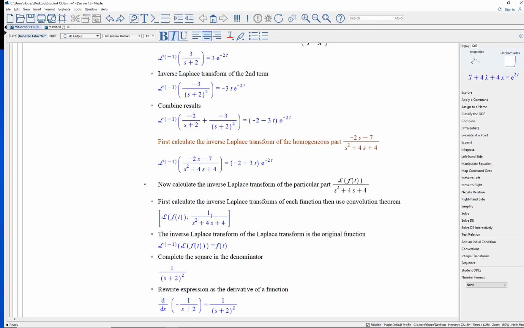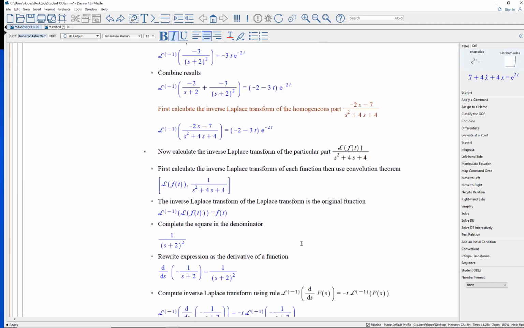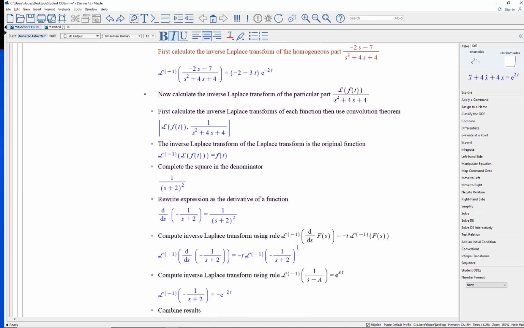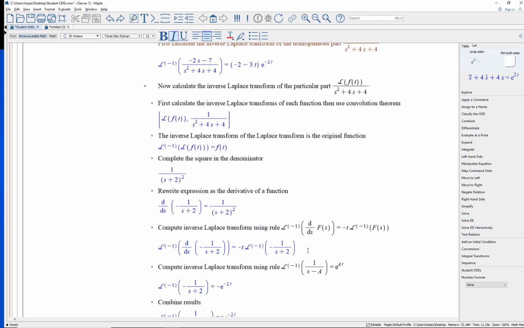You want to invert this piece. It tackles the inverse of 1 over (s plus 2) squared by looking at it and saying, oh, I can see that as the derivative of this, and it uses the derivative rule.